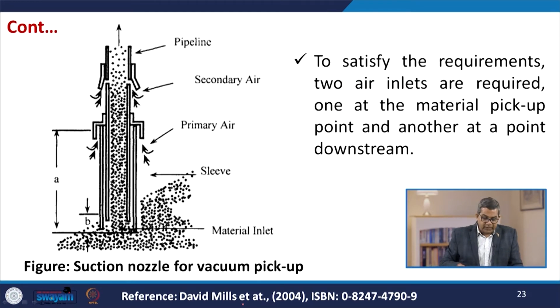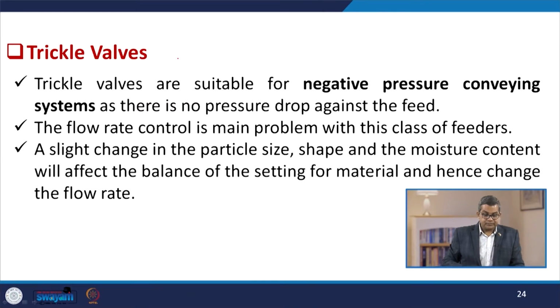Now, to satisfy the requirements, two air inlets are required, one at the material pickup point and another at a point downstream. Here, this is the material inlet point. This entire suction nozzle for the vacuum pickup has a sleeve or housing, and the primary air is admitted at this port and the secondary air at this port, and this is the pipeline.